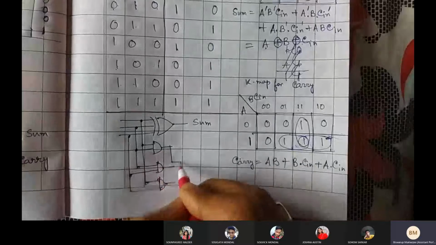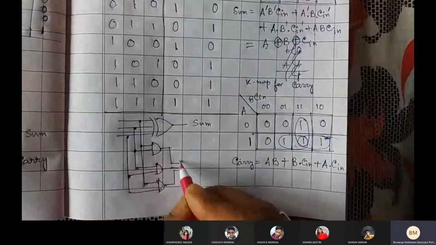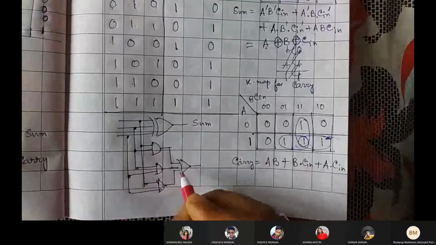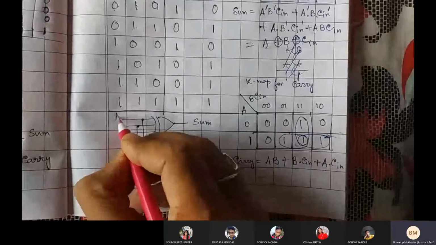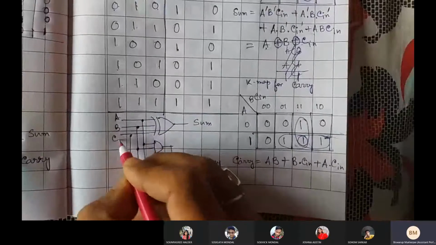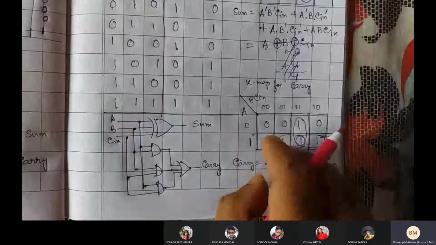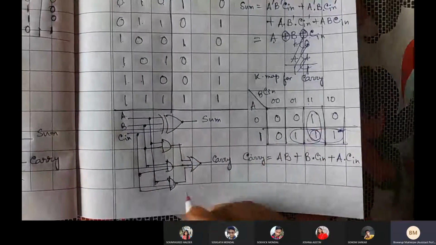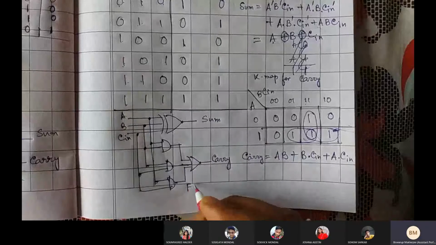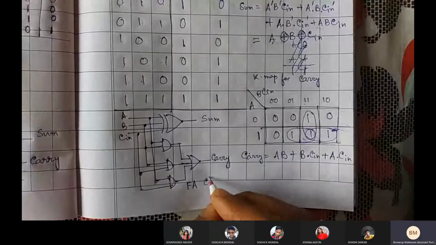So there are 3 ANDs followed by 1 OR to get carry. So this is your A, this is your B, this is your C in, right? So this is the circuit diagram or schematic diagram of full adder. Full adder circuit. Full adder short form FA.